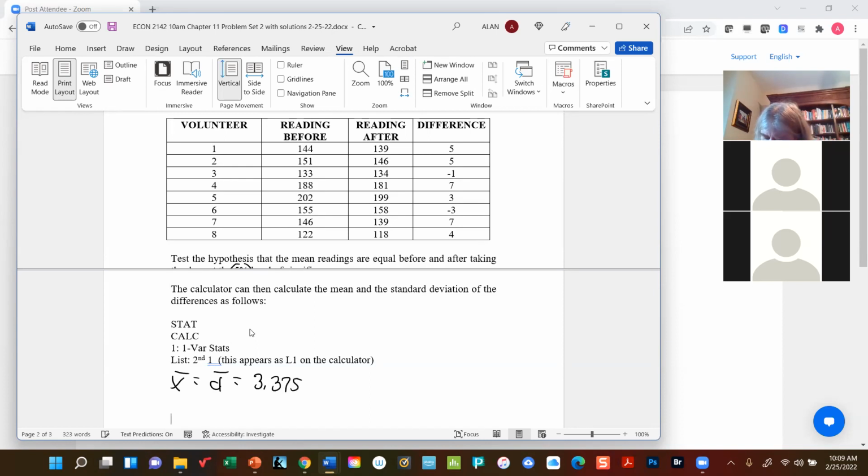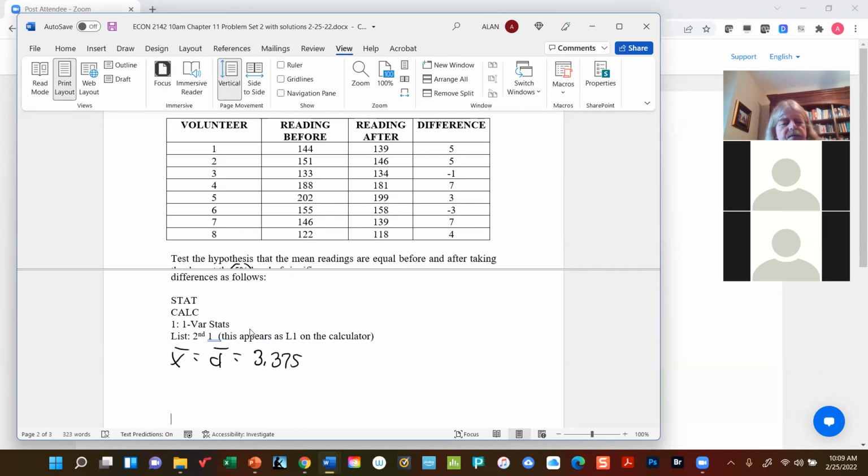And then the statistic that it's calling SX, what we're calling SD, is about 3.622, 228, let's say. Okay, and of course you know already that n is 8 because there's 8 elements in these 2 samples.